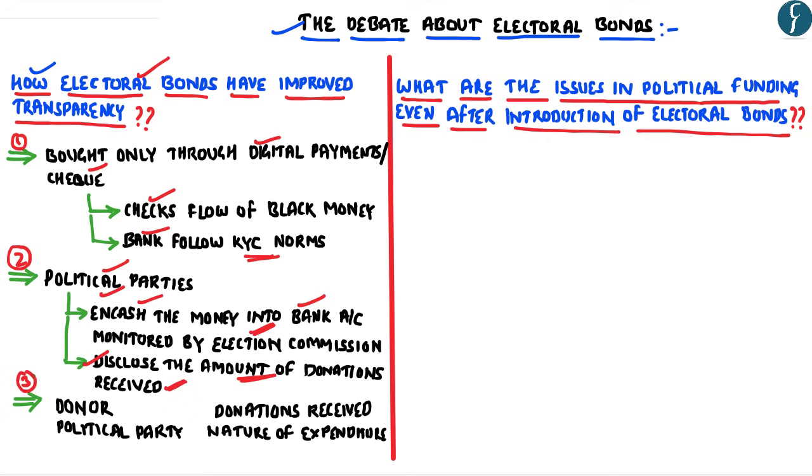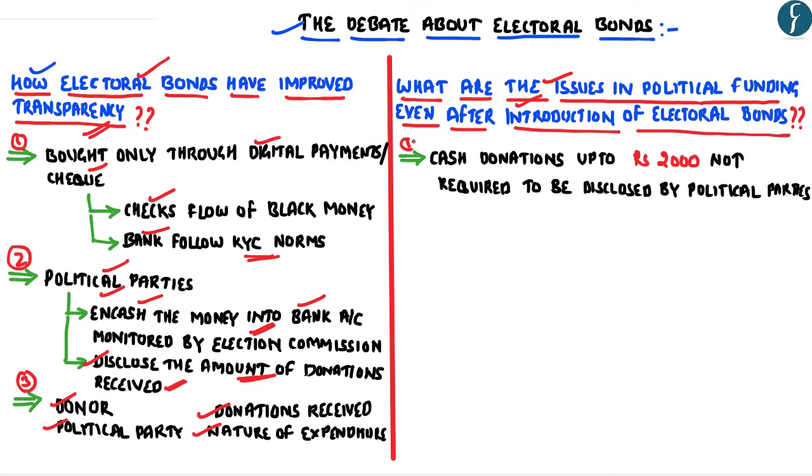Thus, it can be stated that as against the present system, under the electoral bonds, we are able to capture the identity of the donor, the political party who receives the donations, the total amount of donations received by a political party, and finally, the nature of expenditure undertaken by a political party. So, because of these four aspects, one can say that the electoral bonds have brought about greater transparency in the present system. However, in spite of this, there are certain issues in the political funding of elections even after the introduction of electoral bonds. Let us discuss these issues one by one.